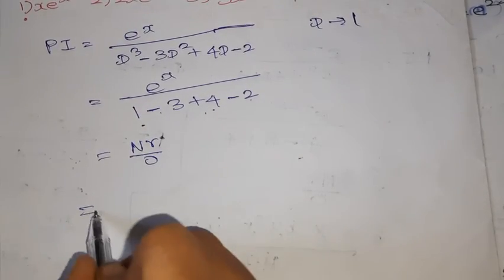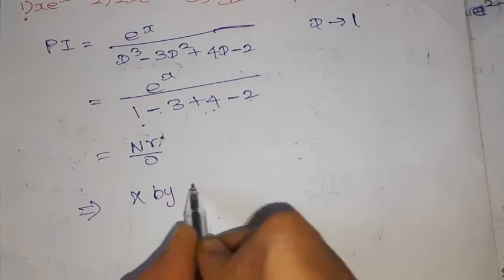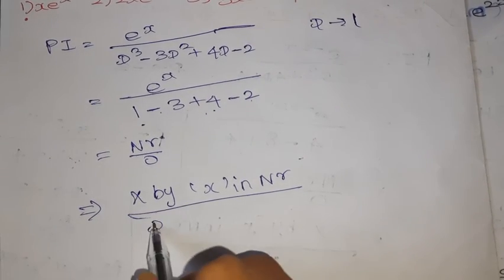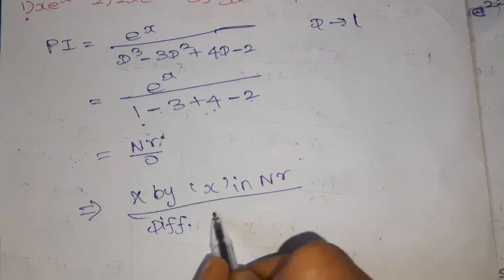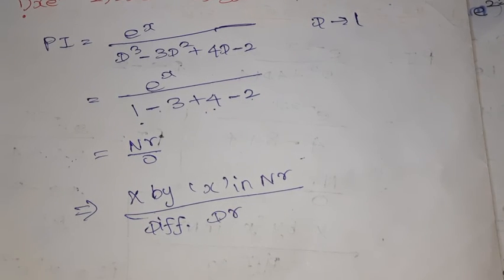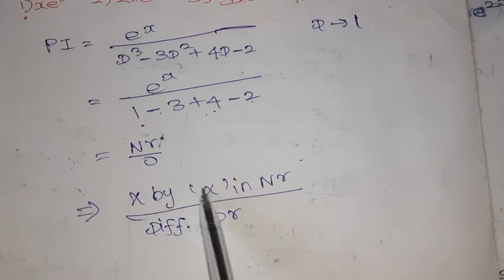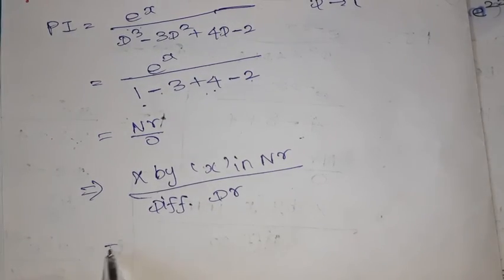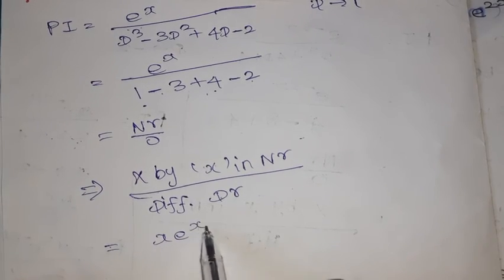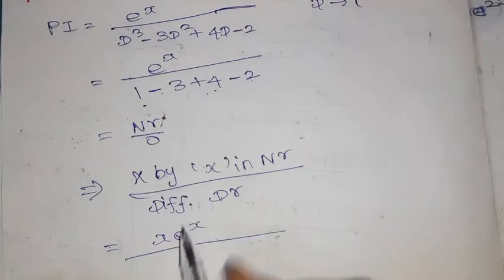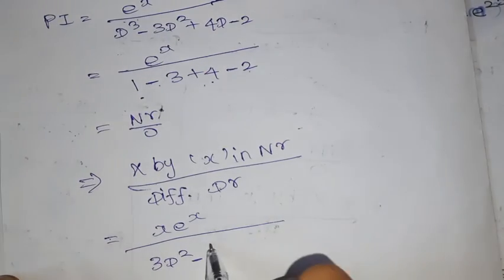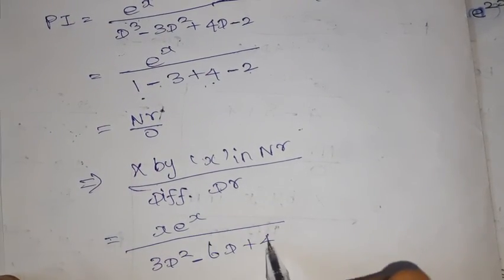Then what is the next procedure? Multiply by x in the numerator and differentiate the denominator. This is the shortcut. So x e^x divided by the derivative, 3D squared minus 6D plus 4.